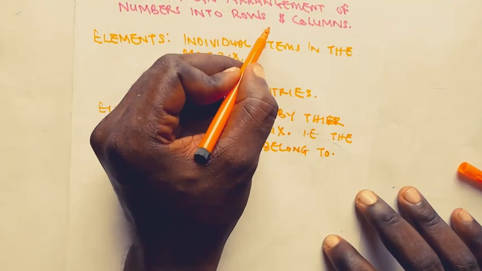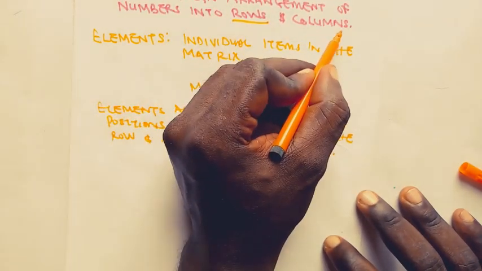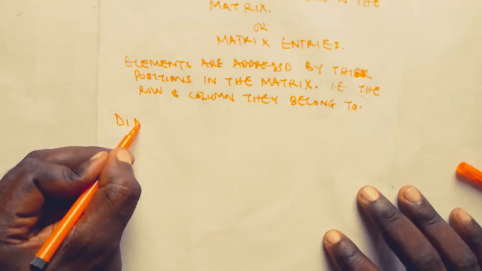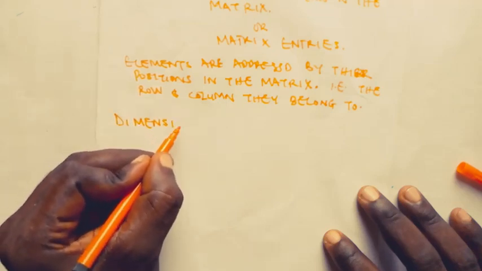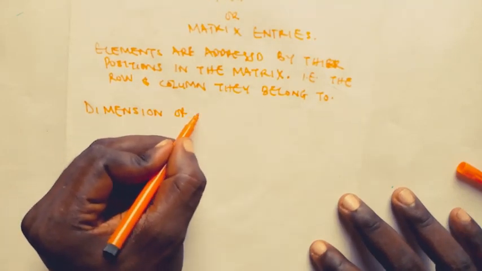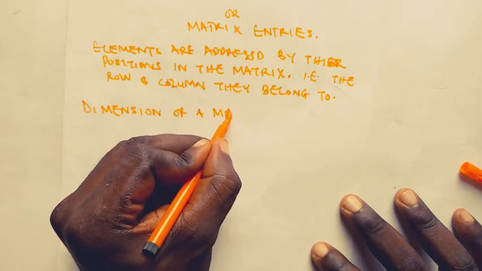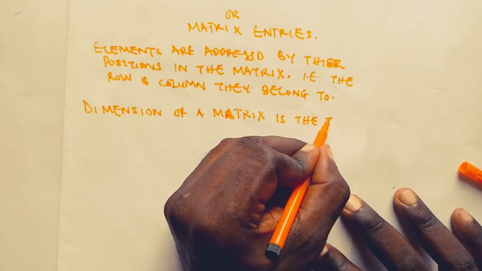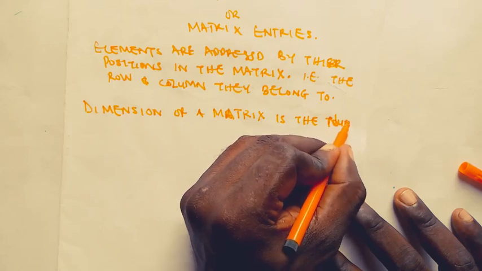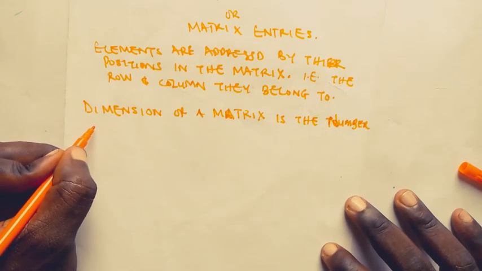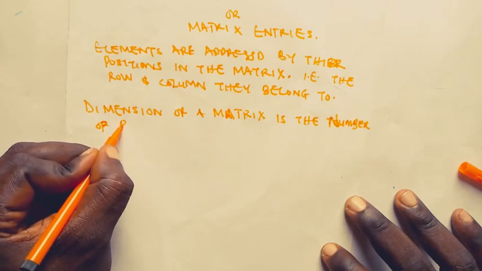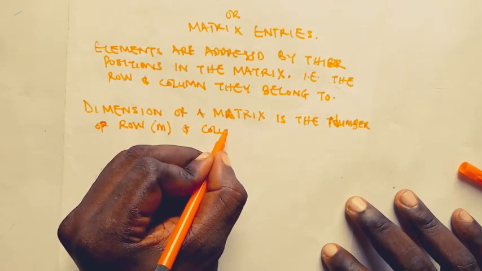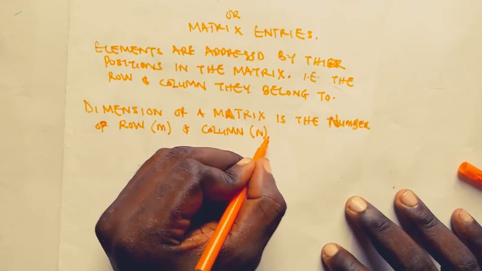Because we know that matrices are in rows and columns, we say the dimensions of a matrix is the number of rows, m, and columns, n, of the matrix.